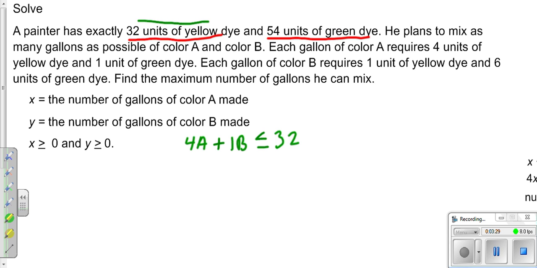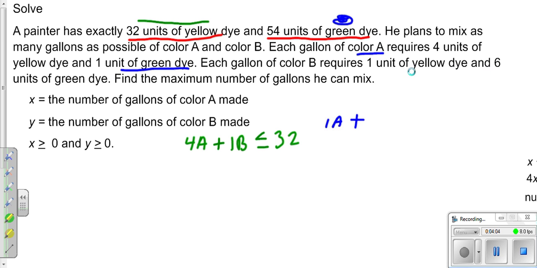Now, as we look at our green, okay, our green right here. And yes, I'm using the wrong colors. Sorry about it. Some of our green is used in the A. So we have 1 unit of green used for each gallon of A. But then we got to add in what we have here.